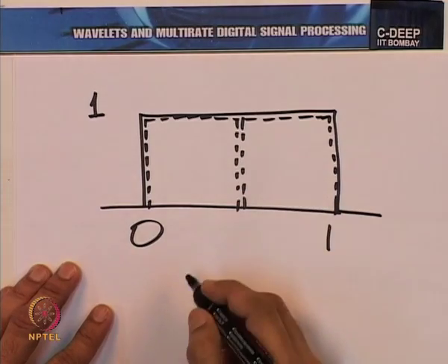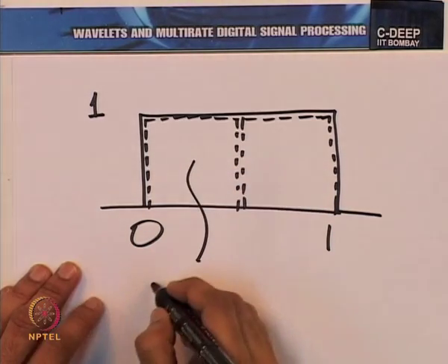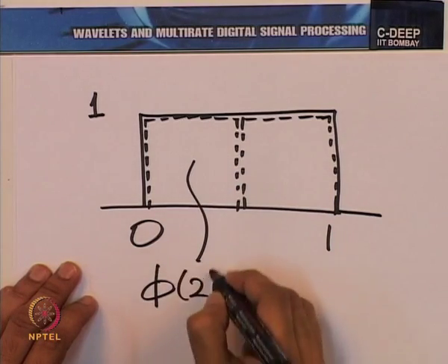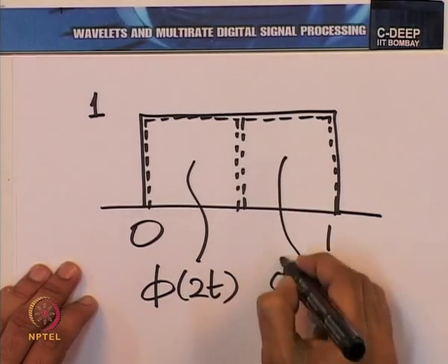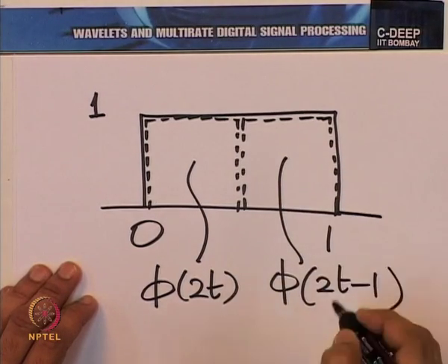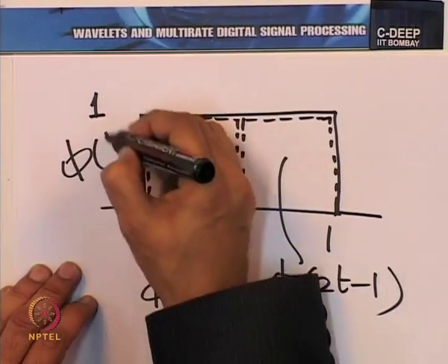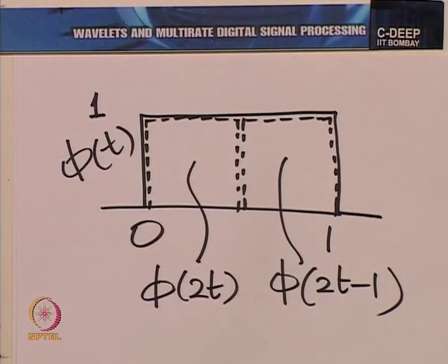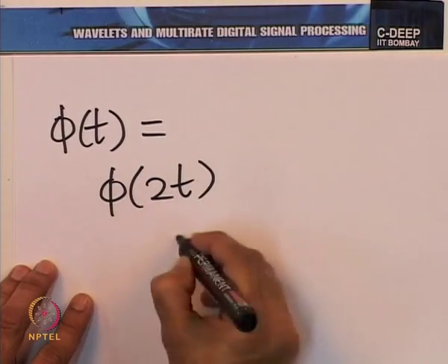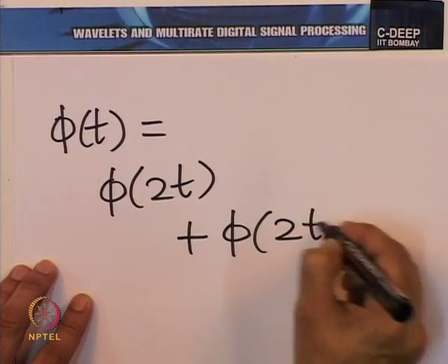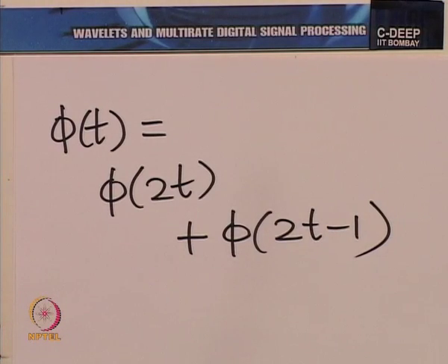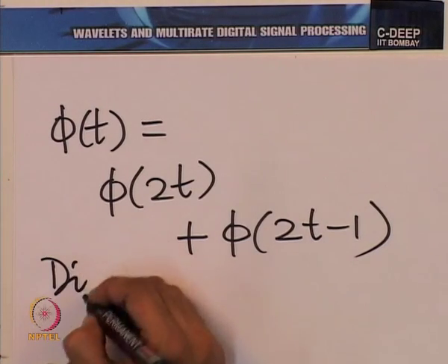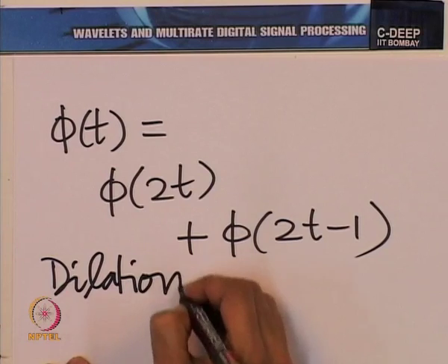So, it has two components in it, and the first component is phi 2 t, the second phi 2 t minus 1, and the whole thing is phi t. So, we have a beautiful dilation equation which governs phi t. Phi of t is phi of 2 t plus phi of 2 t minus 1.